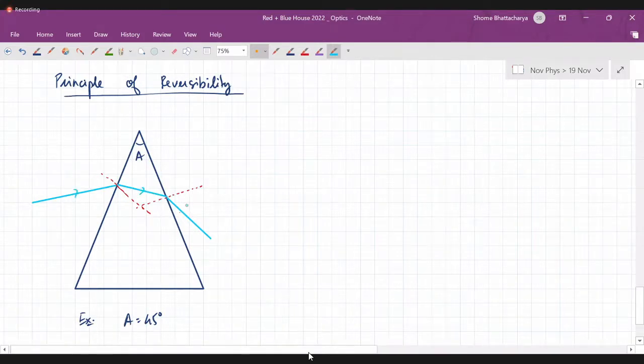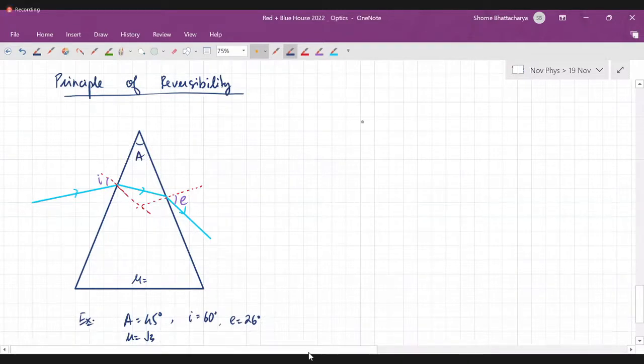So when the ray was in this sense, this angle of incidence and this angle of emergence was like this. So if we took the angle of incidence as, for example, 60 degrees, we got the angle of emergence as 26.6 degrees.